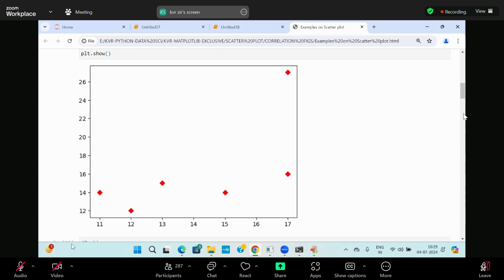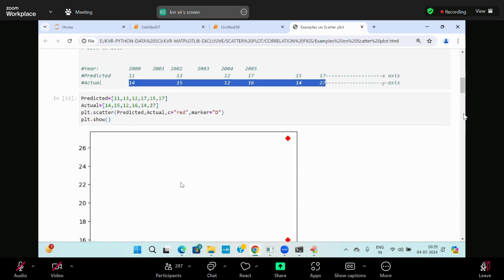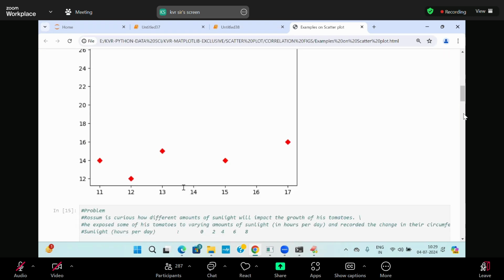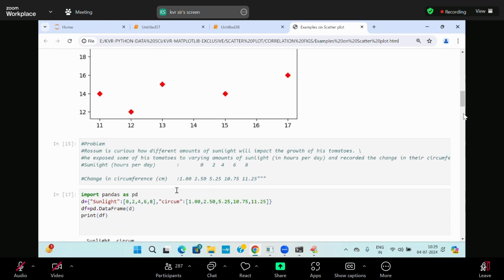That is called prediction. Are you okay, students? So, the maximum number of dots connected in what way, that you have to see. What kind of prediction? Positive or negative? Positive.